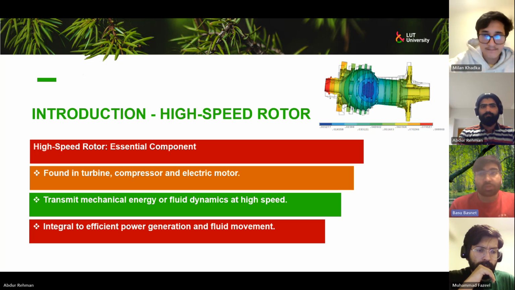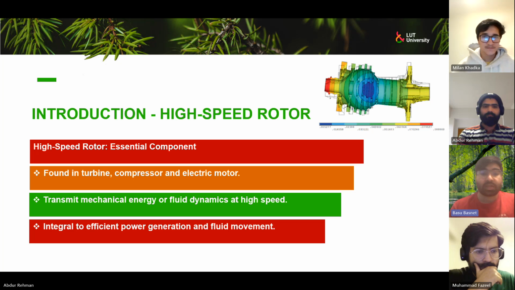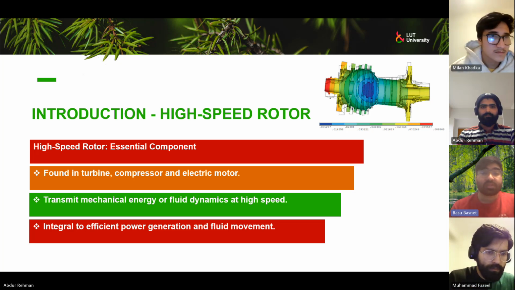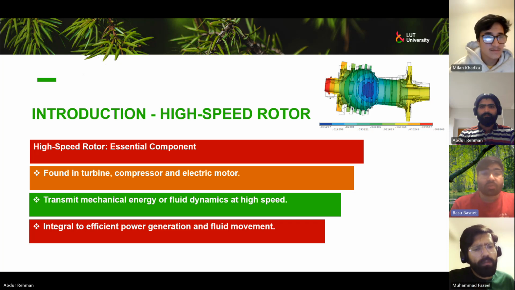First, I am introducing the high-speed rotor. It is a crucial component in a mechanical and electrical system. They serve as a central part of a machine that requires rapid rotational movement to perform its function. High-speed rotors are commonly used in various industrial and commercial equipment.